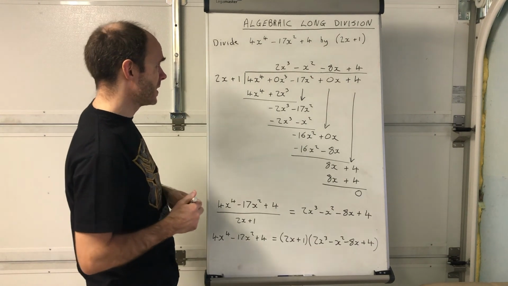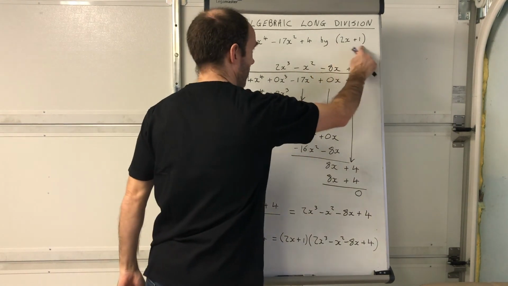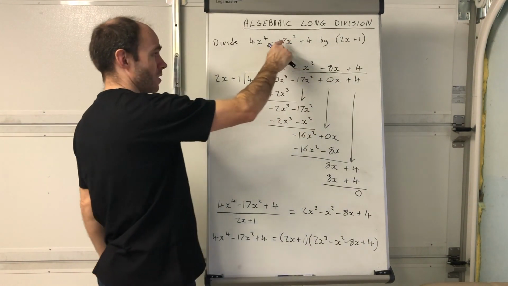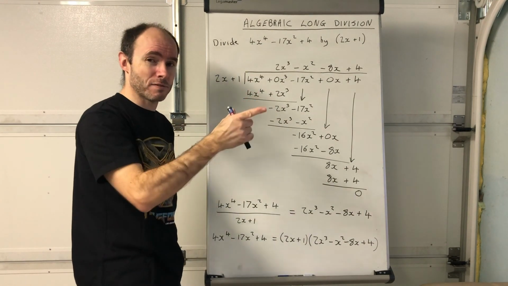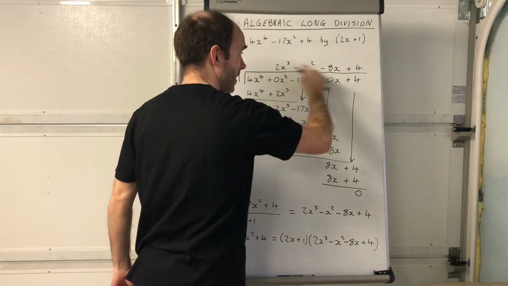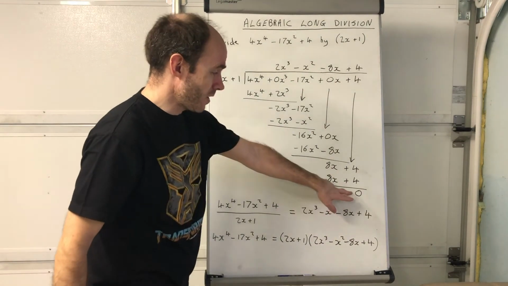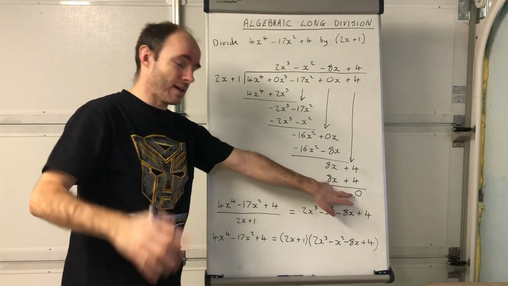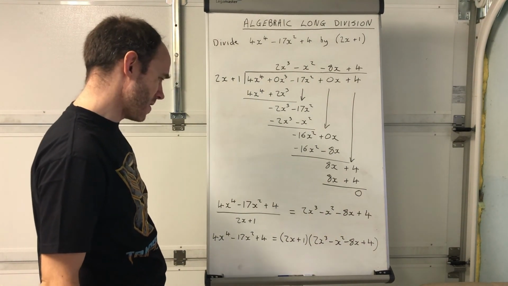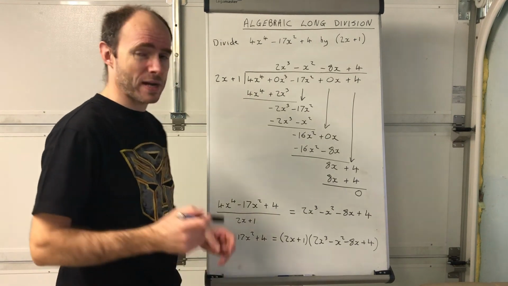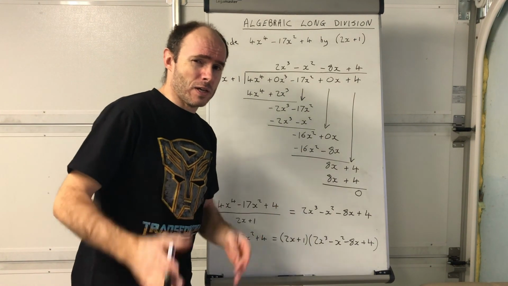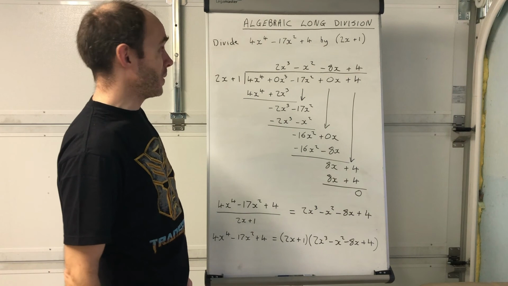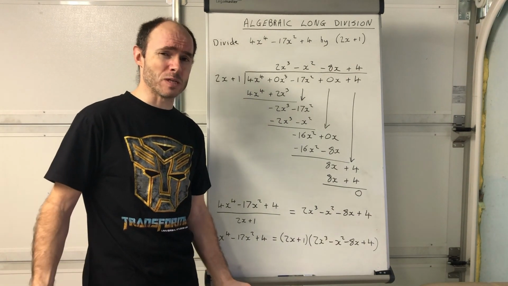In other words, if we know that 2x plus 1 is one of the factors of this, we can do the long division process to find the other factor, and it's this. The fact you get no remainder there means that it divides exactly and you get a perfect factor. So just a reminder, factorising is another useful tool that we need to be able to do sometimes when dealing with algebra, isn't it.